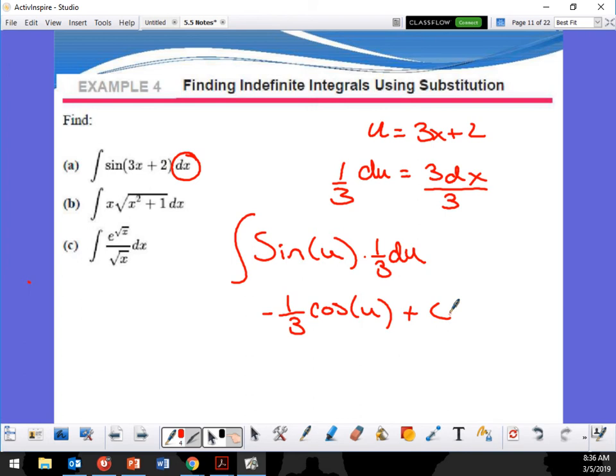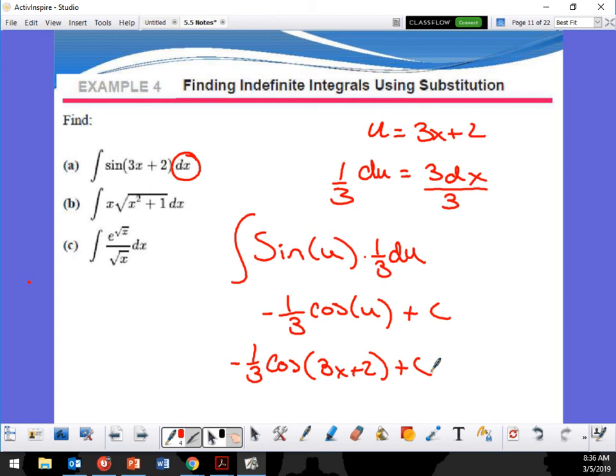Put back what we replaced with u. So it's going to be negative 1/3 cosine of 3x plus 2, plus c. Is that neat? A lot of these are just going to be some neat little trick that's going to help us out.